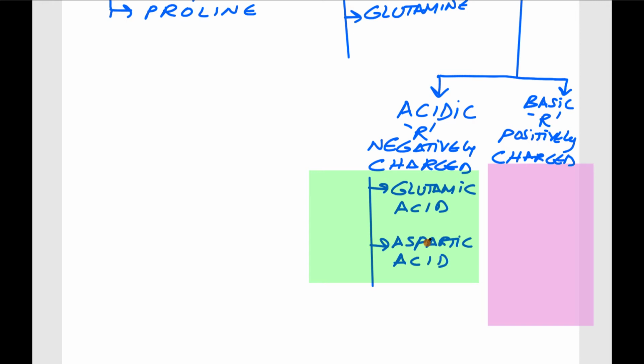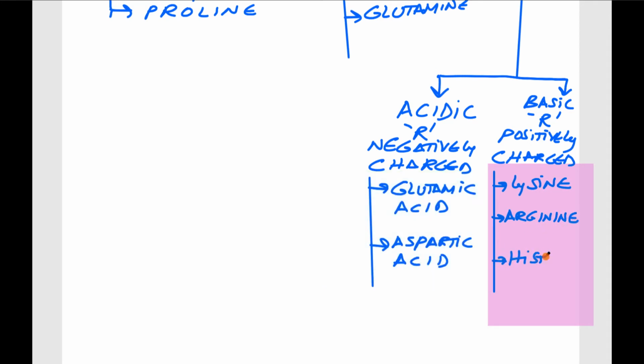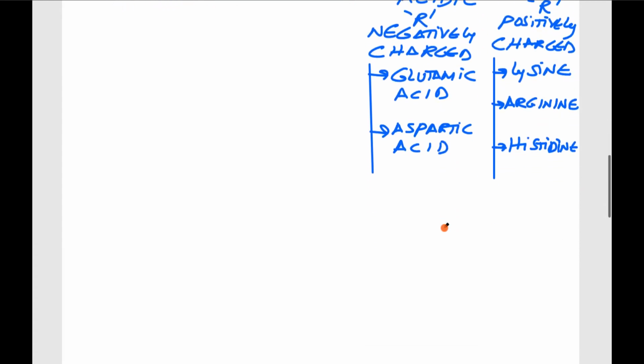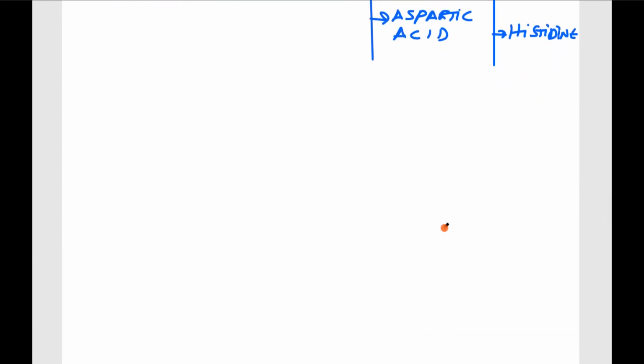Then positively charged, we have lysine, then arginine, then histidine. So these are various amino acids under different groups. With this, we have fulfilled the first objective.